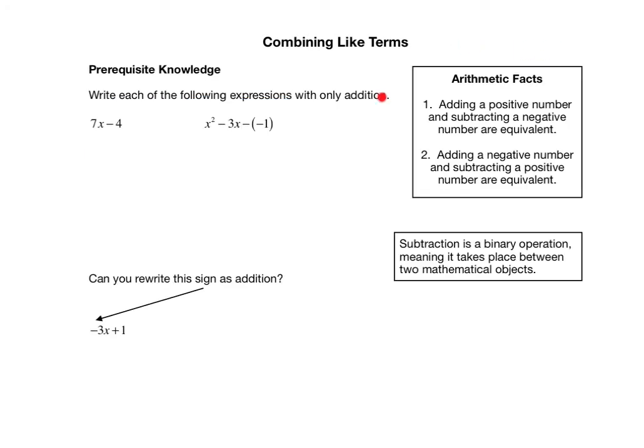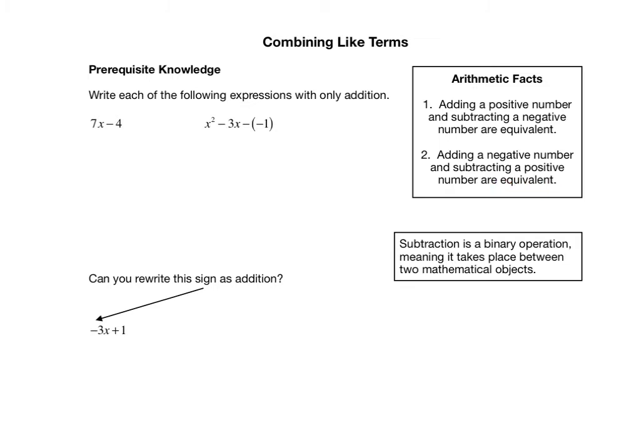Here you'll find those two arithmetic facts summarized. Adding a positive number and subtracting the negative version of that number are equivalent. Also, adding a negative number and subtracting the positive version of that same number are equivalent.